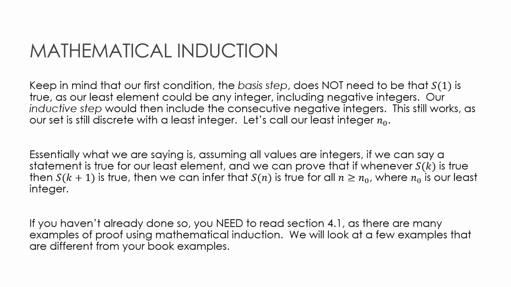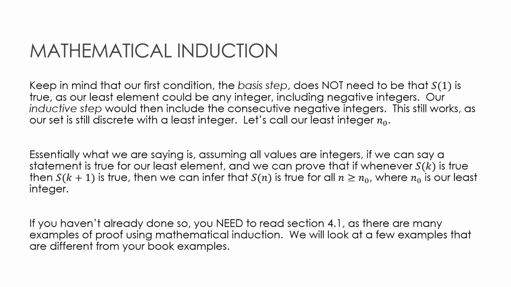Before we do our first example together, just keep in mind that the basis step does not necessarily need to be that S of 1 is true. S of 1 just represents that it's our least element. So our least element could be 5 or 100 or 1,000 or negative 22. It still works if we're looking at the lowest element in the set and then the next consecutive integer.